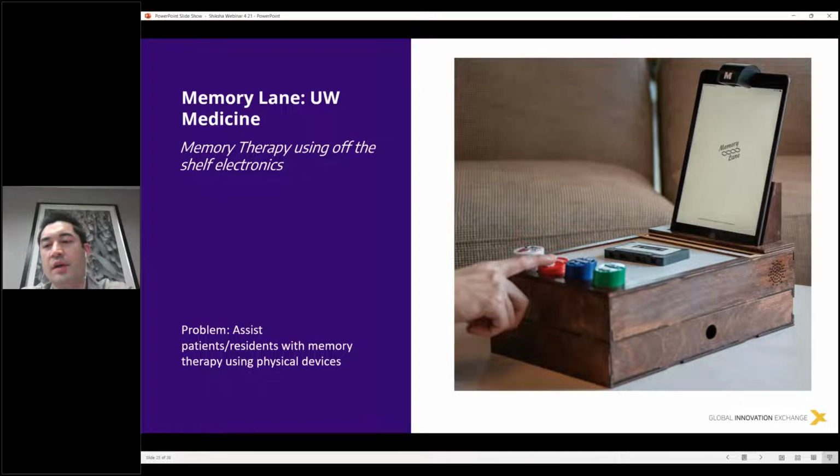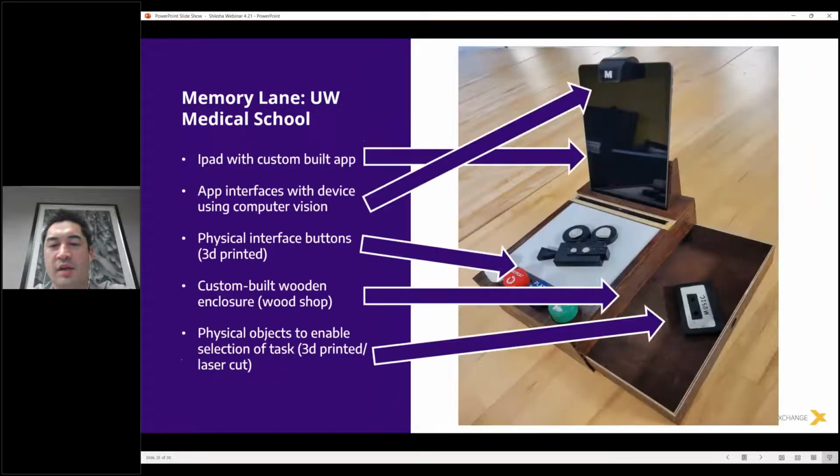So you can see in the picture that we've got what is almost an off-the-shelf device. There's an iPad, and what our students have done is make an enclosure and some additional add-on items for this iPad, along with a customized app, in order to utilize it in a different way. One of the challenges with populations experiencing memory loss, through user research, our students found, is that touchscreen navigation does not work very well for this population for a variety of reasons.